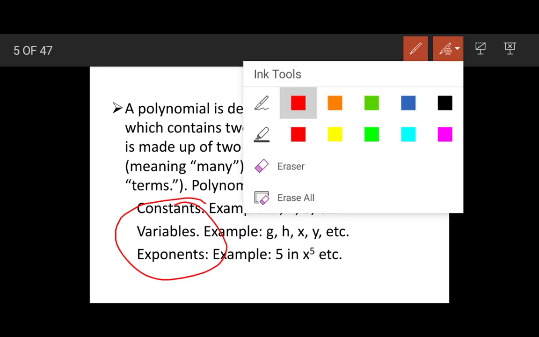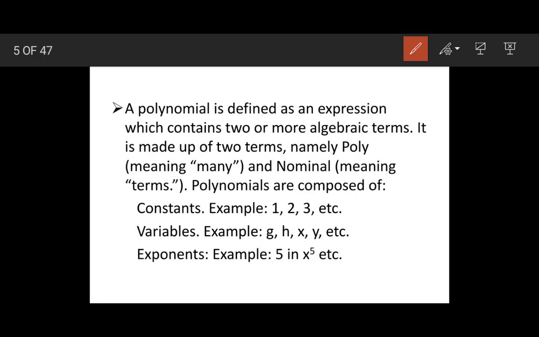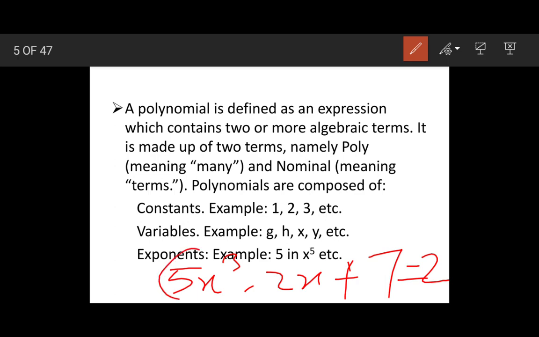Clear? So polynomial, in simple terms, we can write as any algebraic equation. Suppose 5x cube minus 2x plus 7 is equal to 2. This algebraic expression is known as a polynomial. Here 5 and 2 are known as coefficients. 5 is the coefficient of x cube, 2 is the coefficient of x.